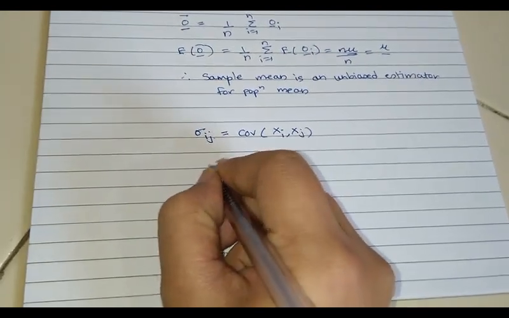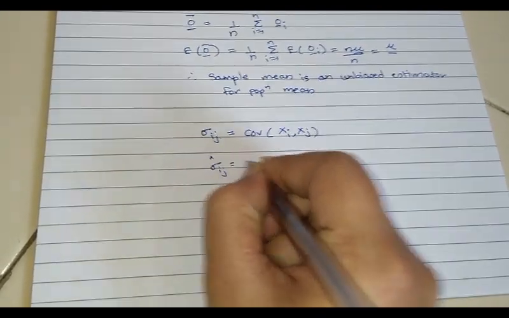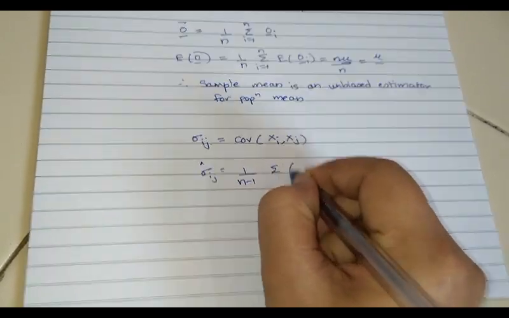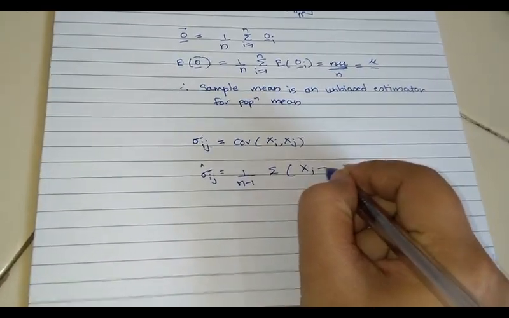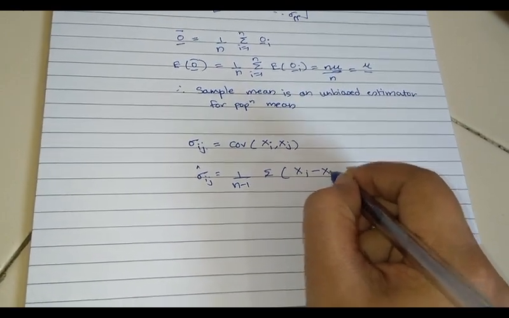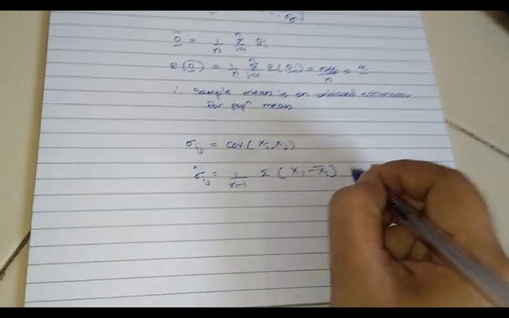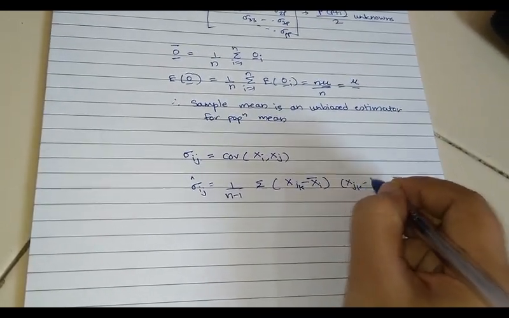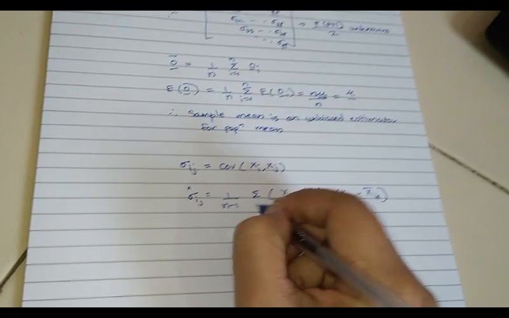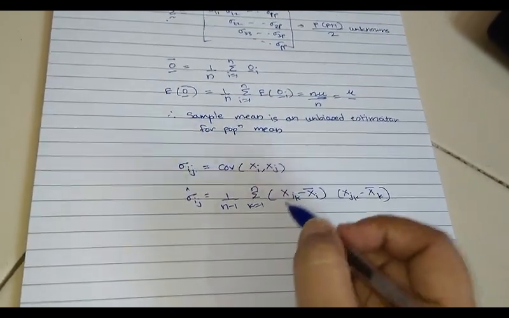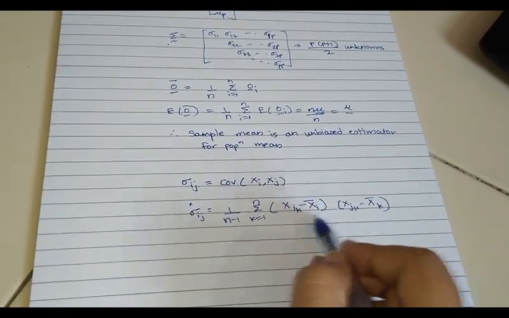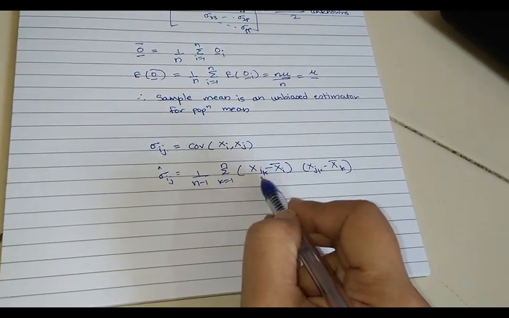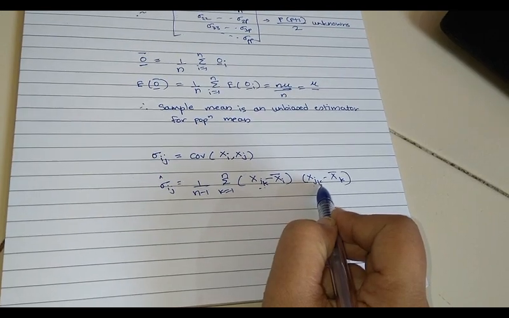So in the univariate setup, we know that sigma ij can be estimated as 1 upon n minus 1 summation of xik minus xi bar, and then xjk minus xj bar, where k goes from 1 to n. So we consider the kth pair on ith and jth component.